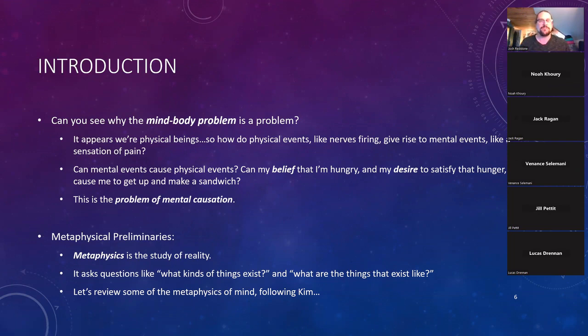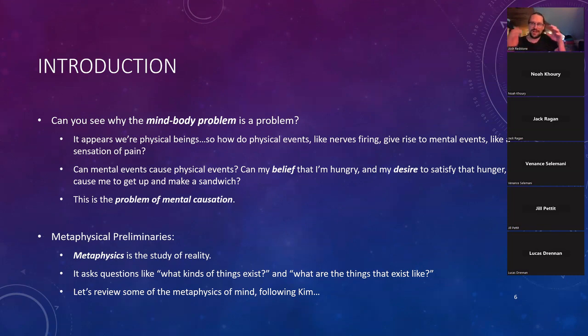Right? Could my belief that I'm hungry, I feel my stomach rumbling, so I form the belief based on my perception of what my body is doing, that I'm hungry, like grumble, grumble. Oh, I must be hungry. So I desire to satisfy my hunger.